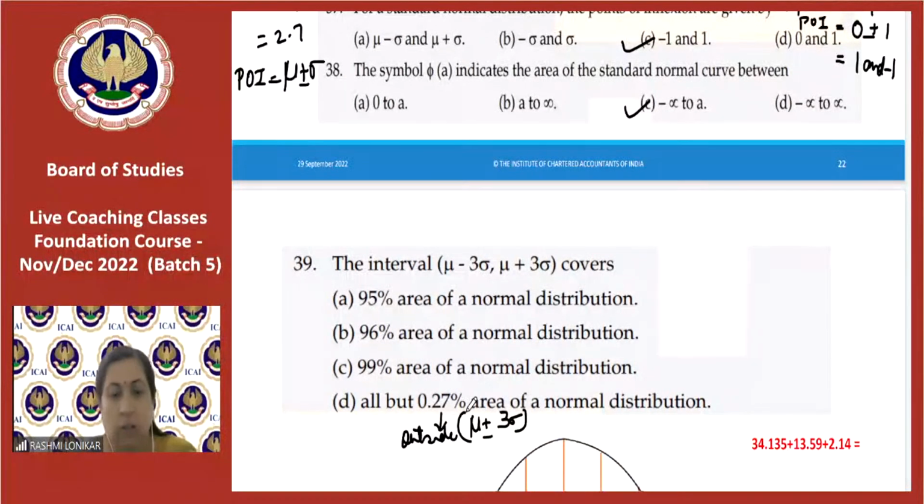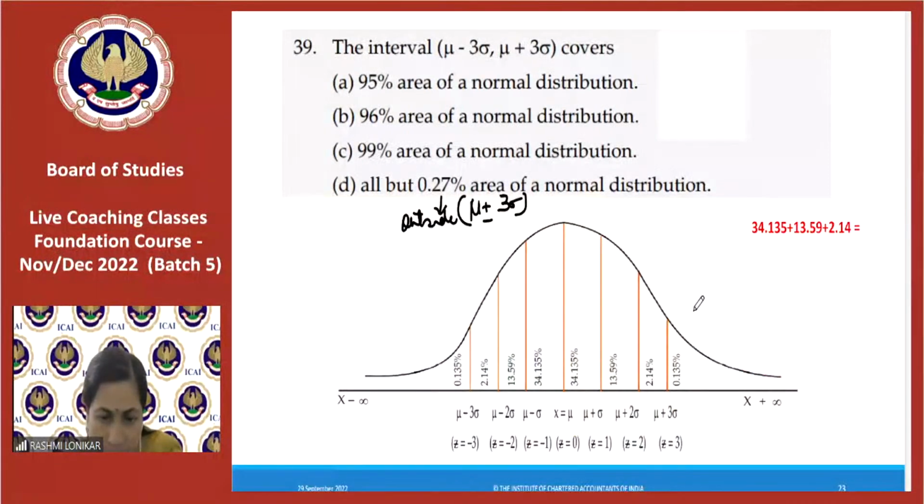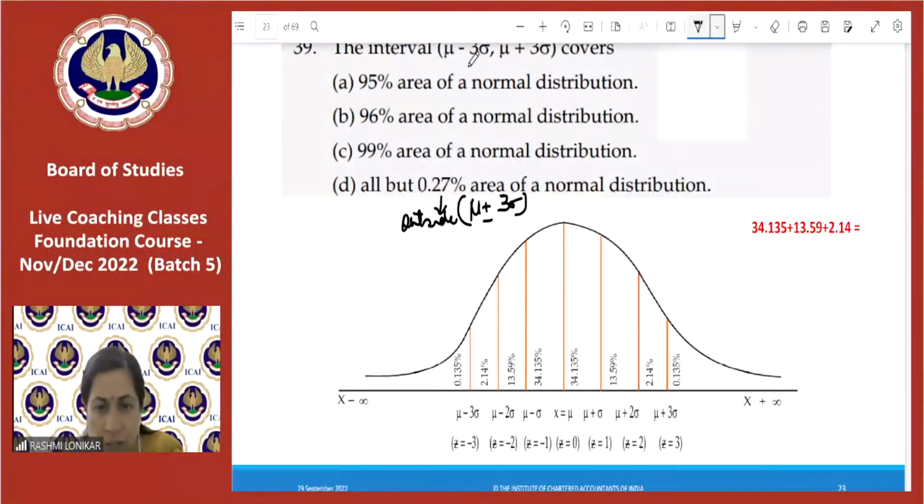So for this question, I've again shown you this. The interval mu minus 3 sigma and mu plus 3 sigma: here you can see mu minus 3 sigma, this is the line, and mu plus 3 sigma, this is the line.